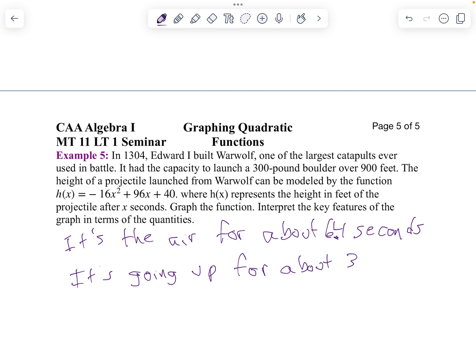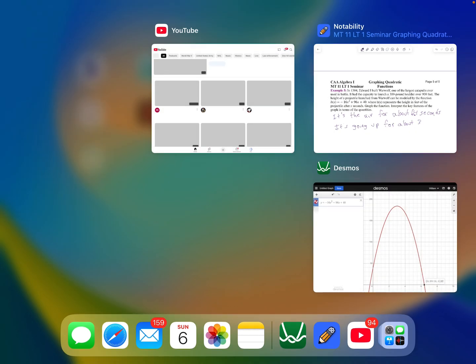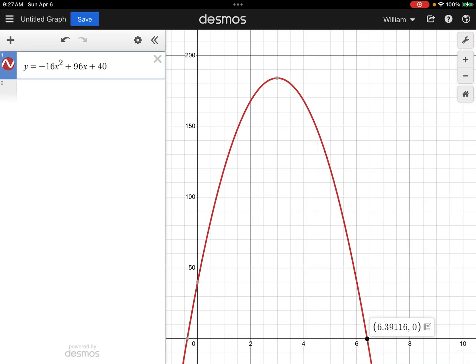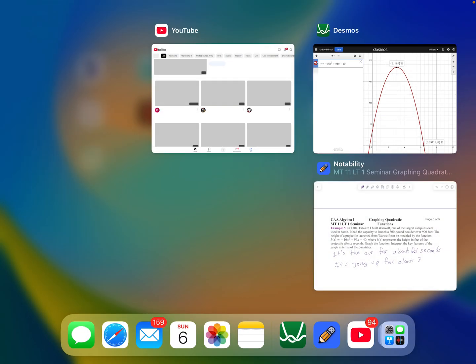Actually, I should take a look here. It's not actually 3.2, is it? Because it doesn't start at 0. Oh, yeah, 3.2 seconds. I was pretty close there. Okay, so it's going up for about 3 seconds is what it is. So we're going to say 3 seconds.